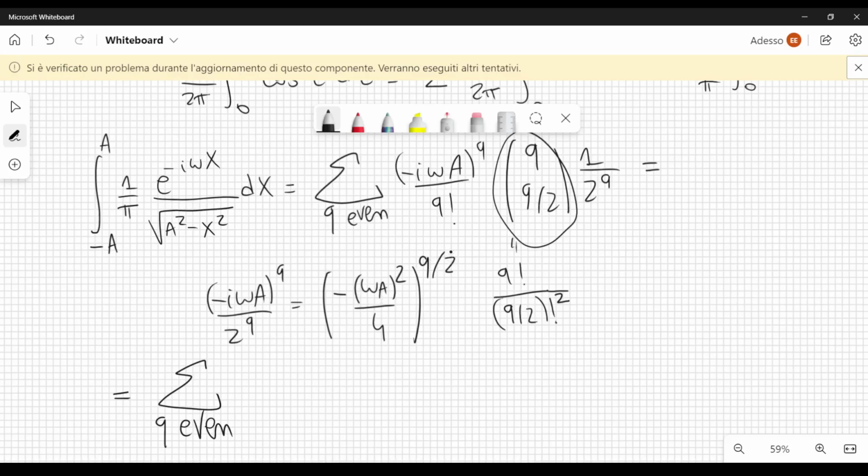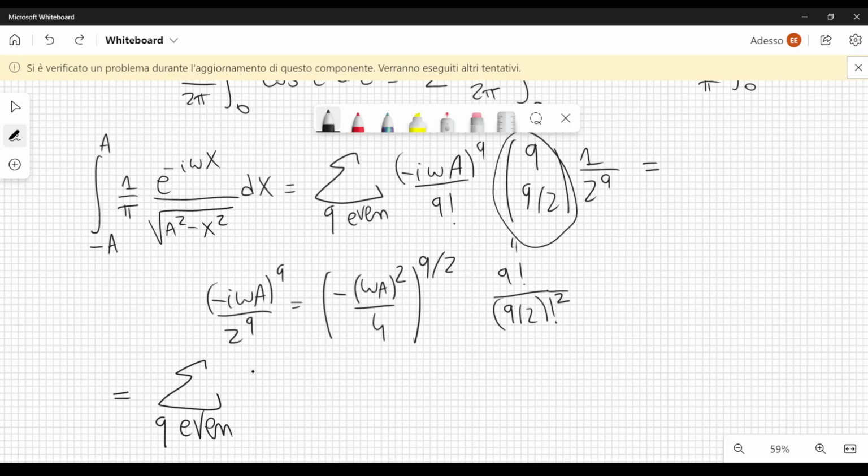Because when you take the square root of this, which is this 2 here in the denominator of this exponent, you will get exactly this. So you will get minus I omega a divided by 2. So I'm going to rewrite it like this.